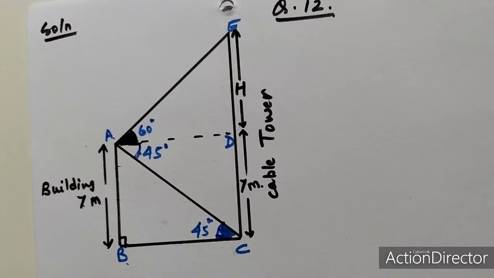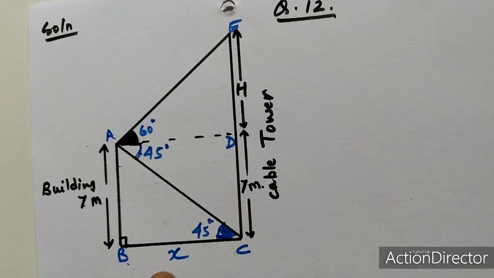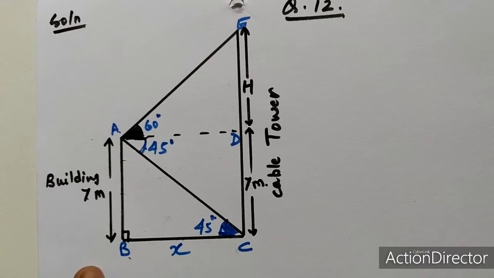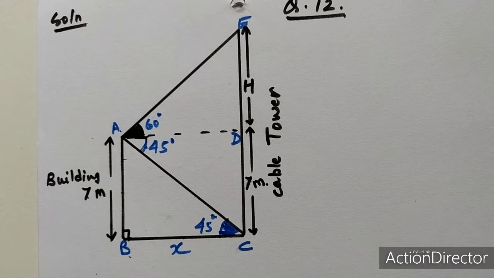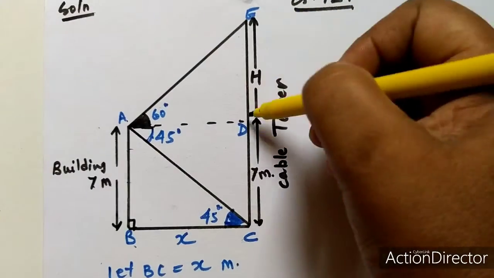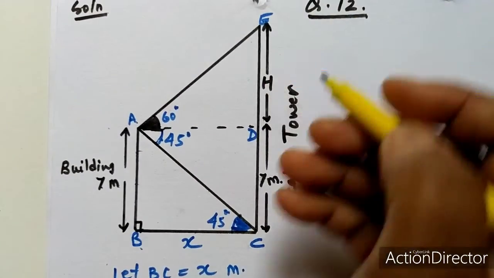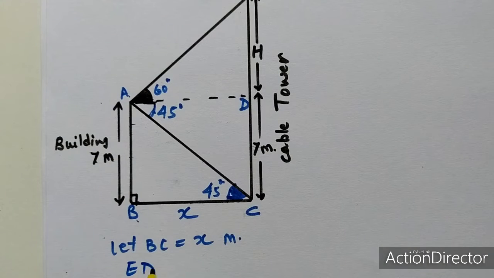For that, first of all, we are going to consider BC is equal to X. That is distance between building and tower. We don't know, so let it be X. So here we have to write let BC be equal to X meter. And I have marked ED as H. So I am going to take ED is equal to H. And we have to find out the value of EC. That means question mark.